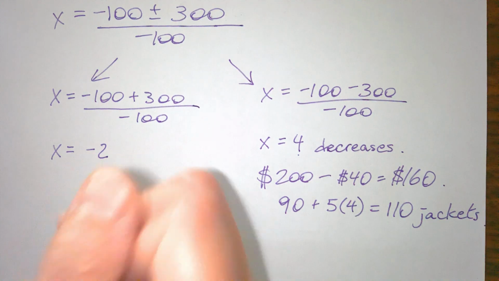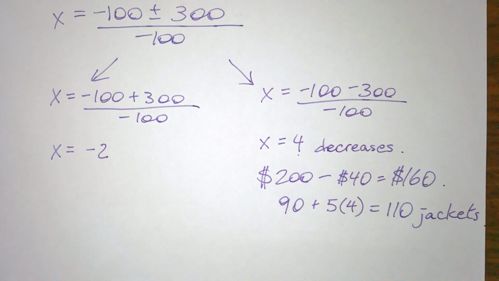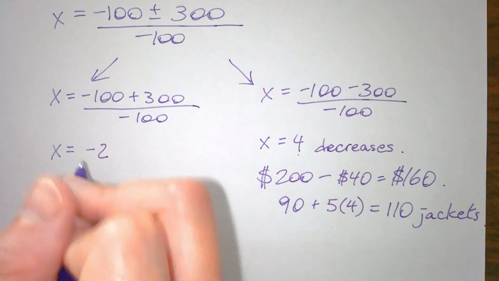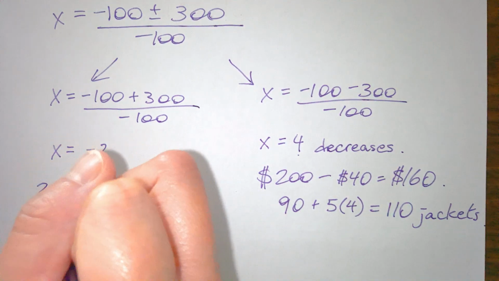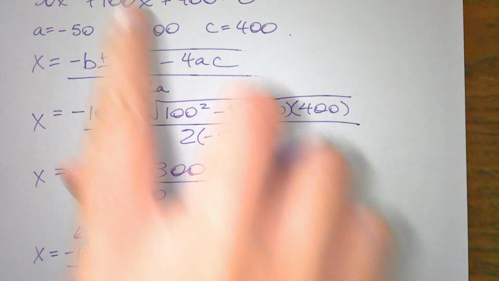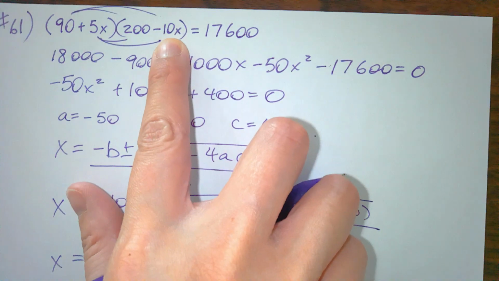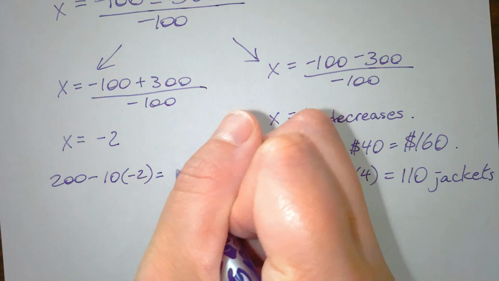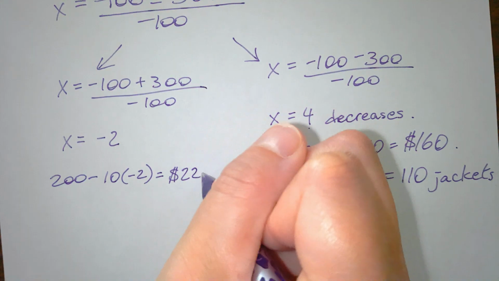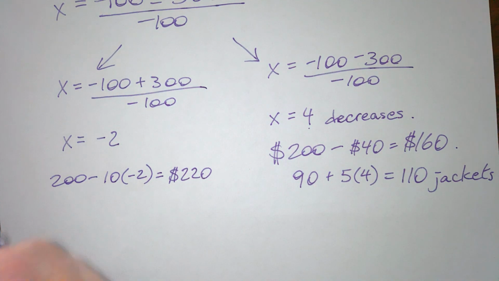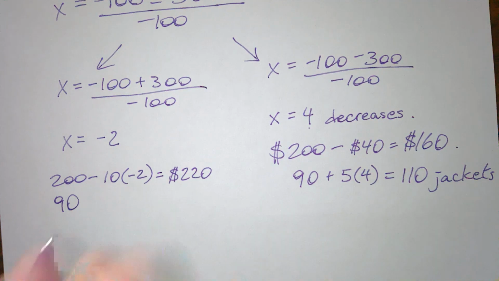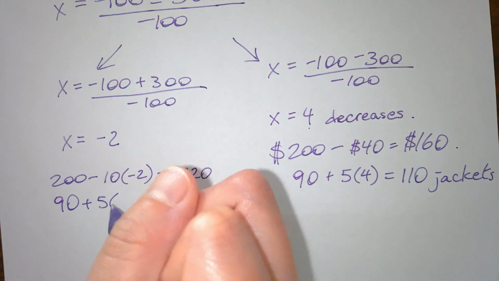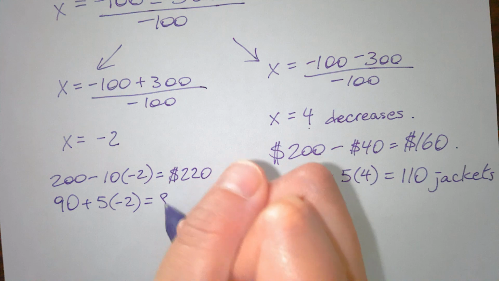But if I were to do it, it was 200 minus 10x right here. If x is negative 2, that means $220. 90 plus 5x, 80 jackets.